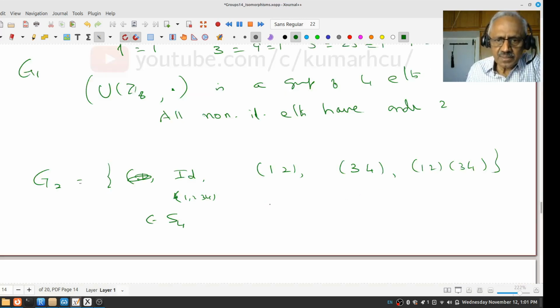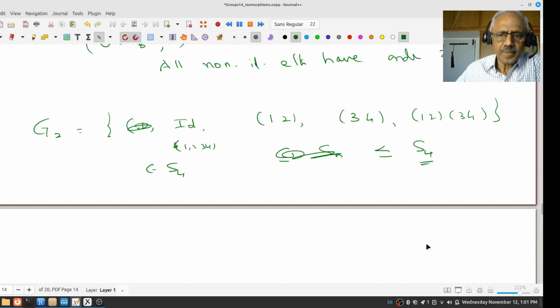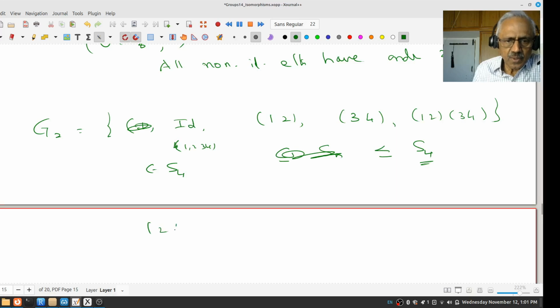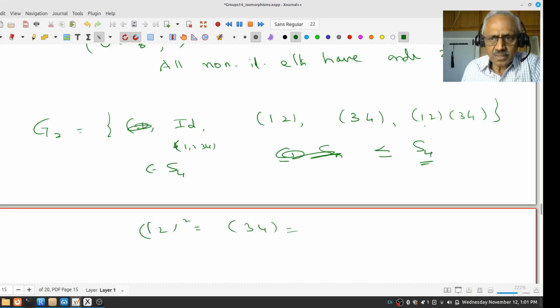Again you can see this is actually a subgroup of S4. (1 2) squared and (3 4) squared, these are transpositions, and this is a product of cycles. Yes, in the last session we also saw this is an element of order 2, this is also of order 2, and the LCM of these is 2, therefore this is also 2.